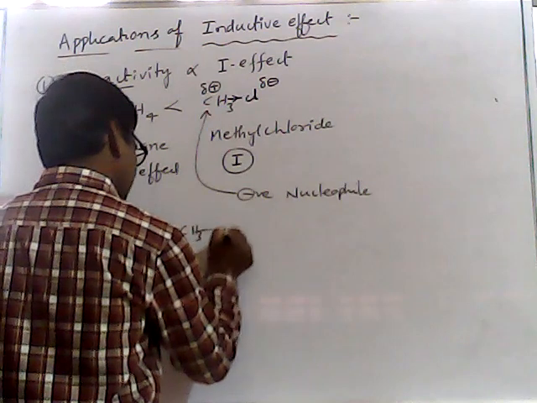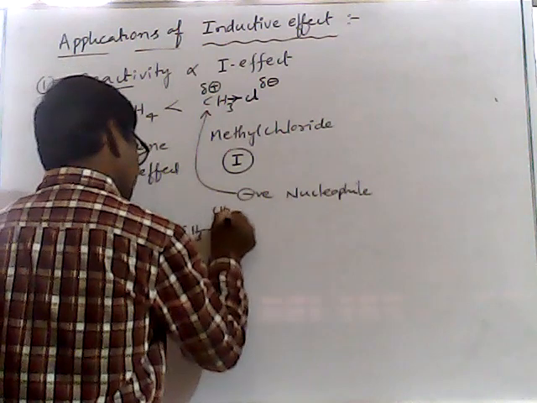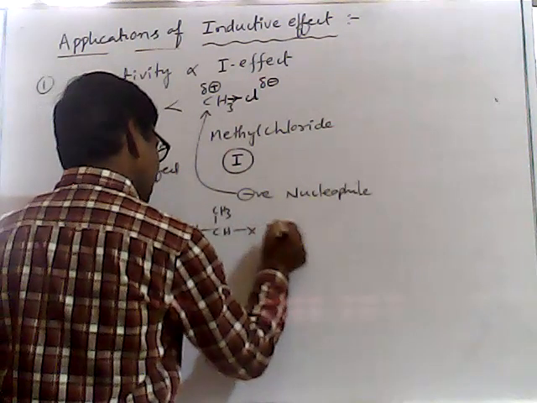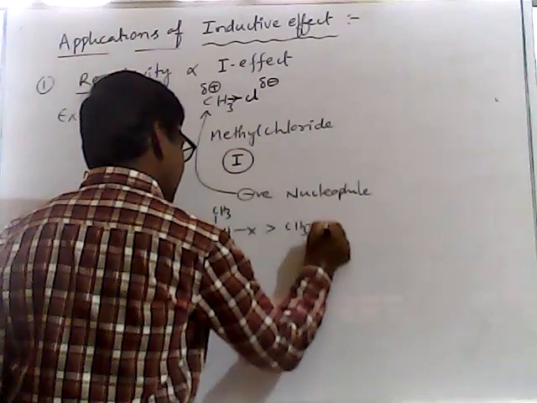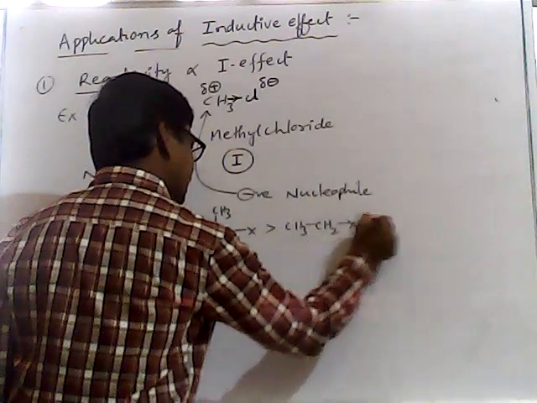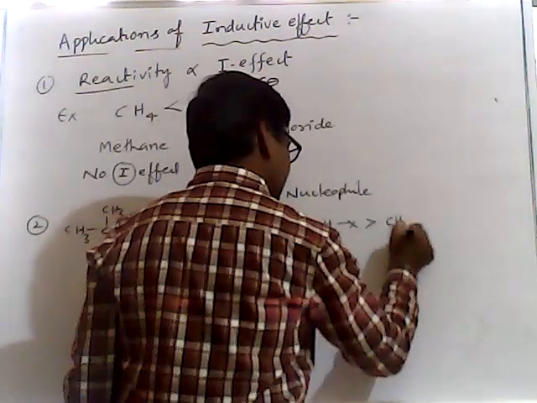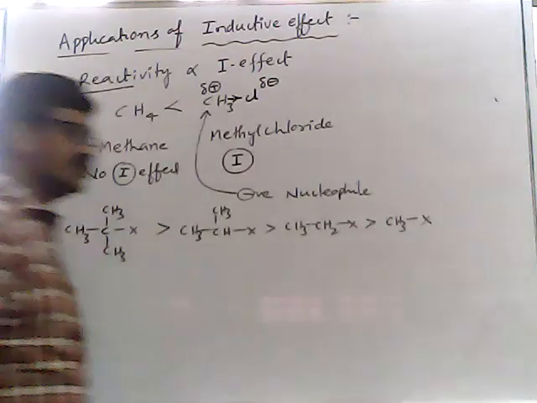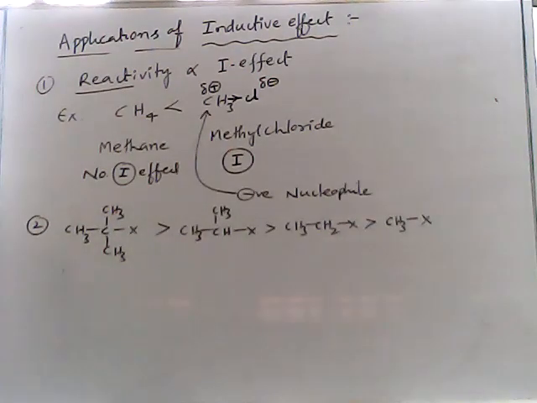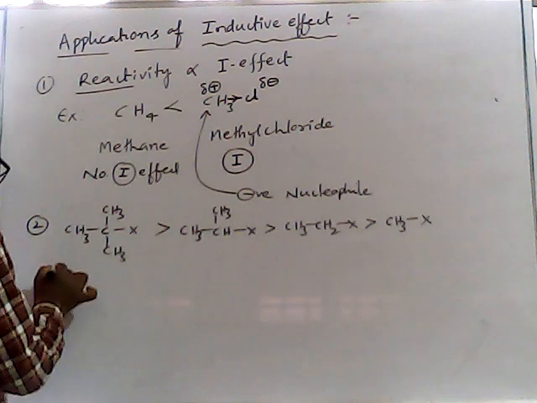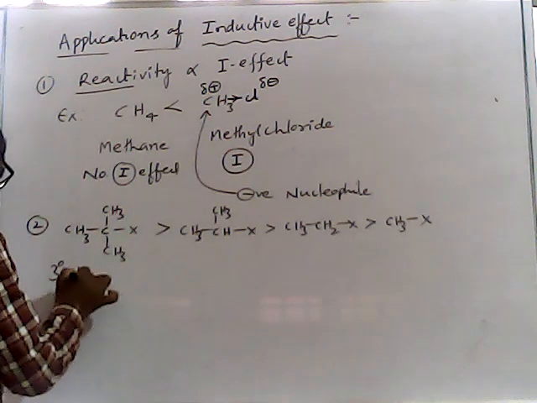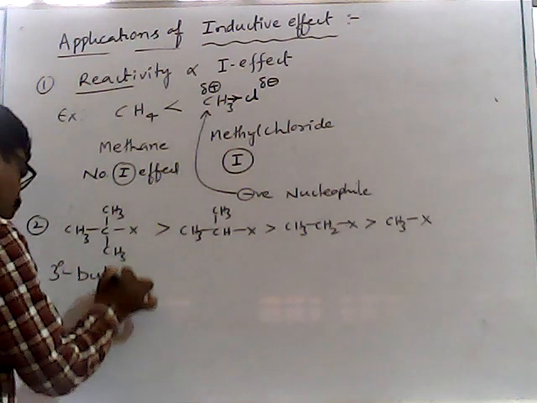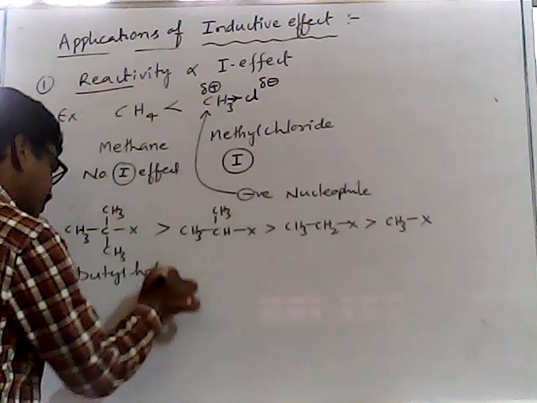CH3, CH, CH3 here X. Then after primary CH3, CH2 X. Then CH3 X. So what is the reason for this? This is tertiary butyl halide.